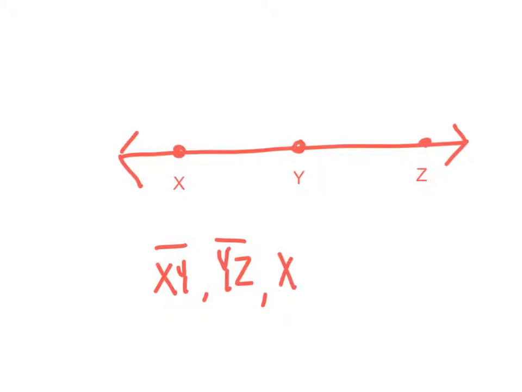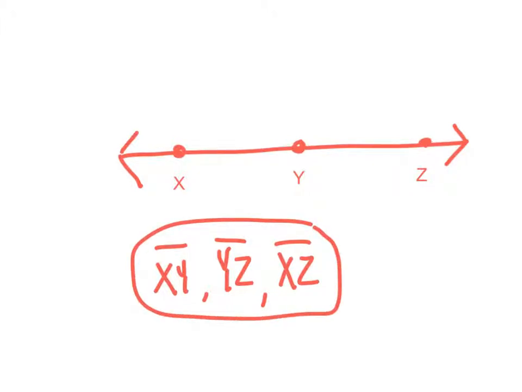And XZ. Notice that when you write the symbols, you use just 2 of the letters. You also could call these YX, ZY, and ZX as well.